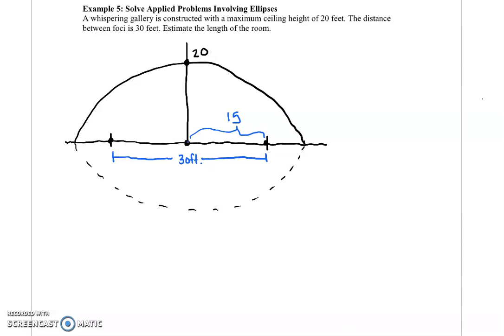Remember, the distance from the center to the focus is our C. And we know that the foci are on the x-axis because we have to have two of them, and since we have a floor that we're walking on, there's no way that the foci can be on the y-axis. So the distance from the center to the tallest part of the ceiling is our B, and it's 20.